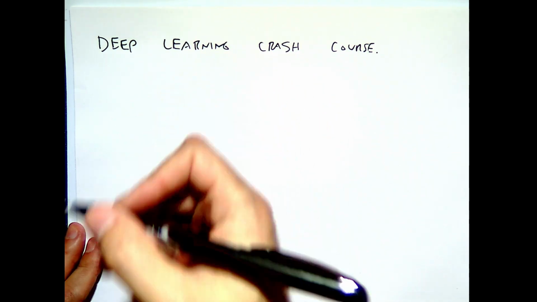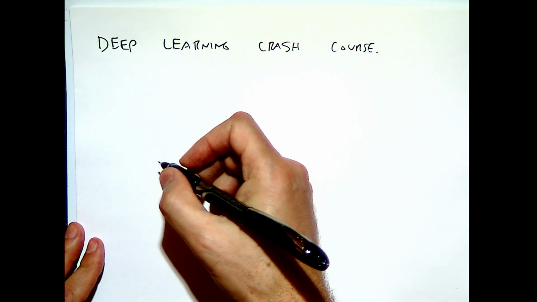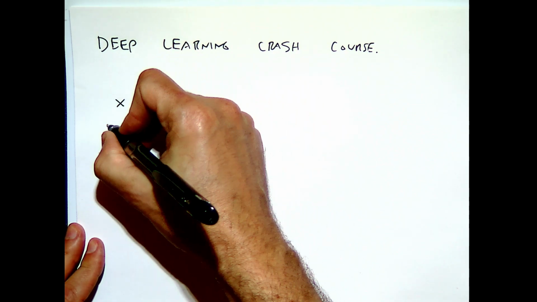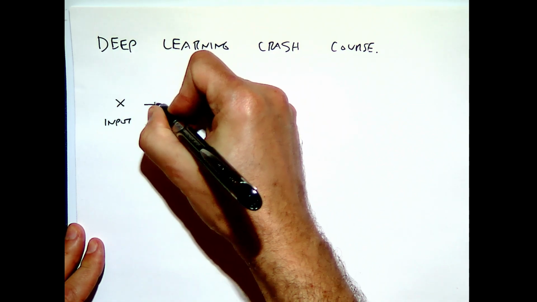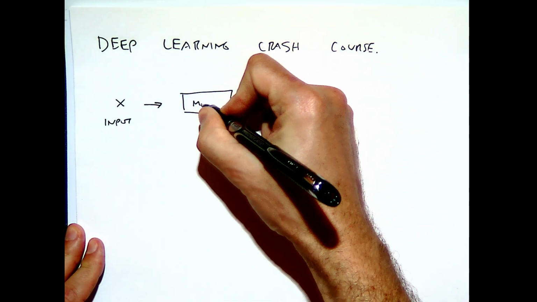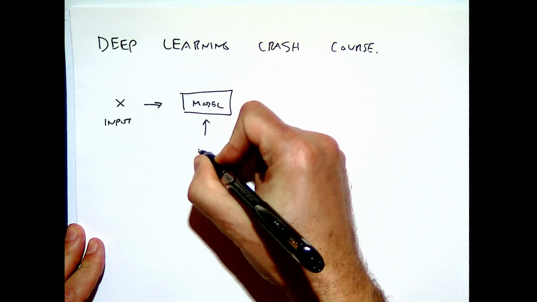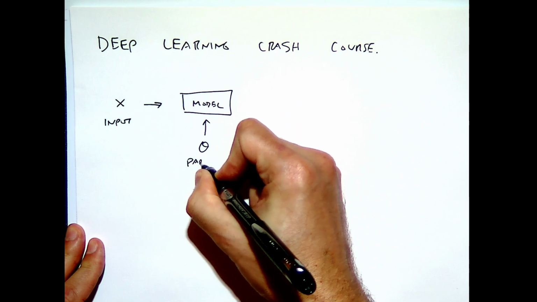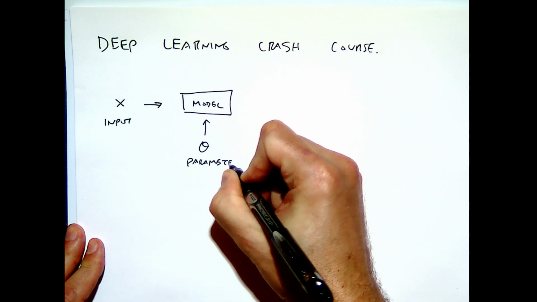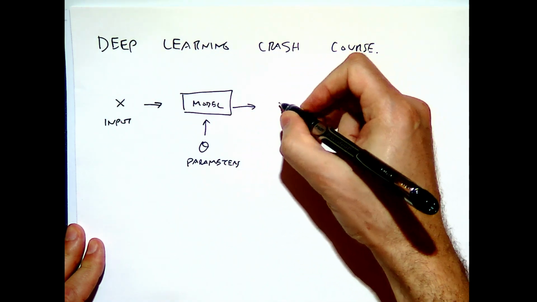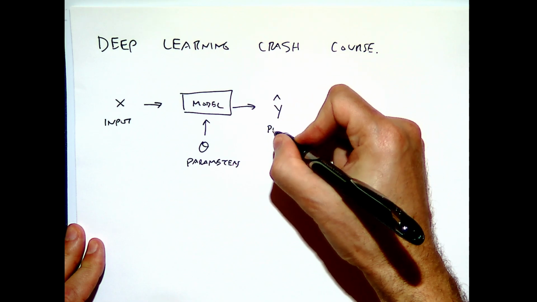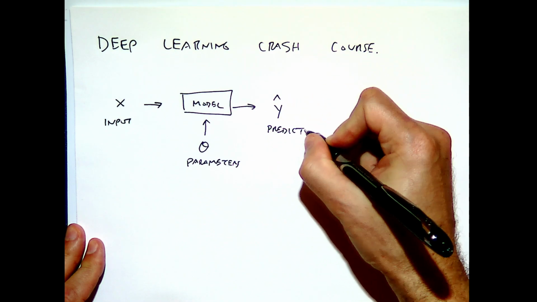Okay, so where we left off in the last lecture was this fundamental idea, right? We have our input. This goes through some sort of model. The model has a lot of parameters, which we're going to call theta. The model produces some sort of output, which is a prediction.